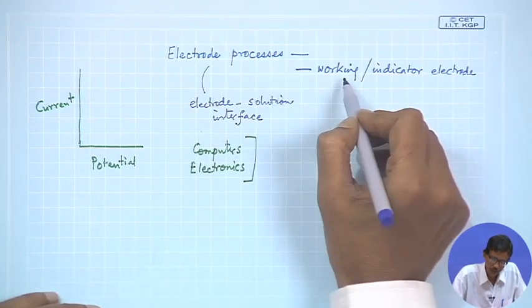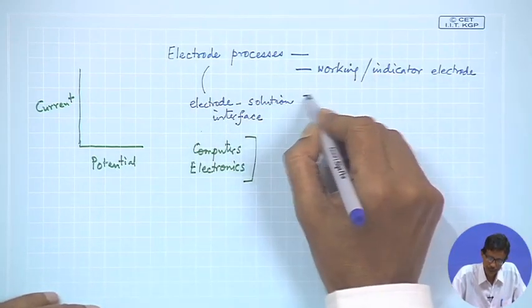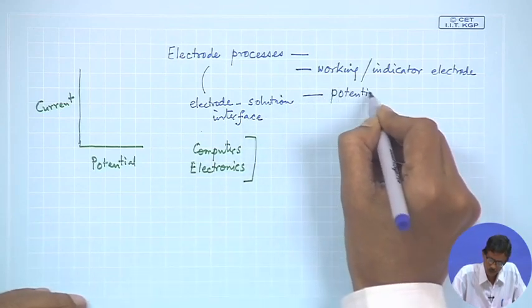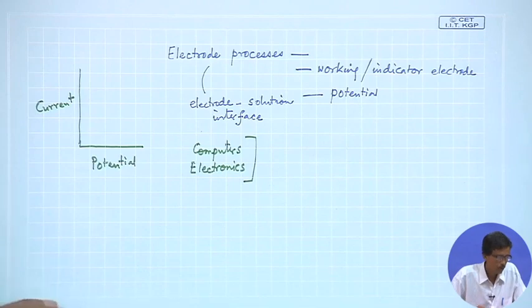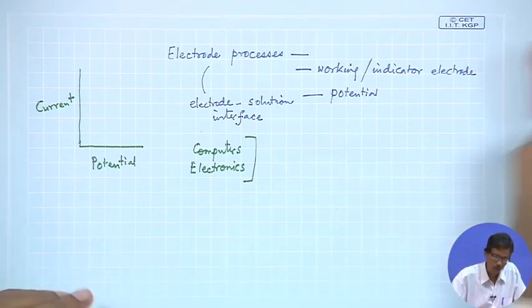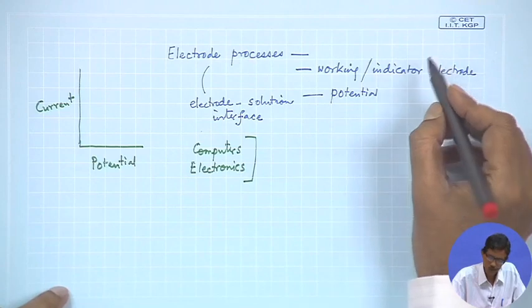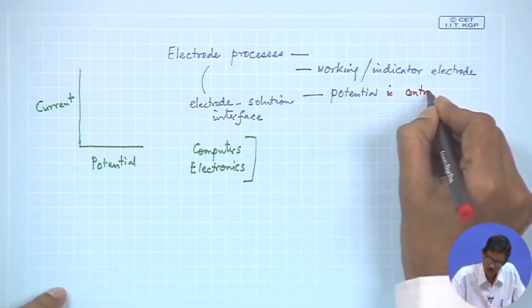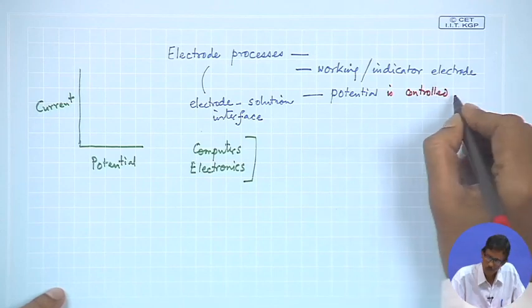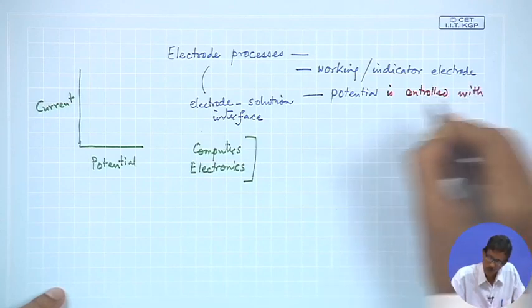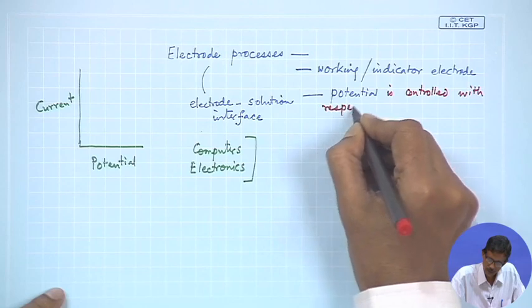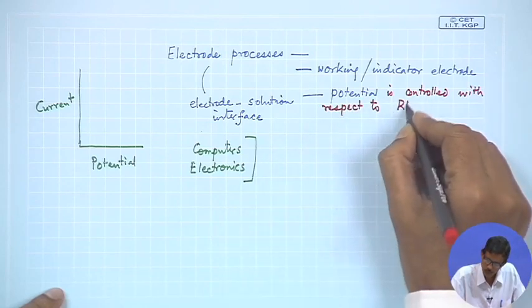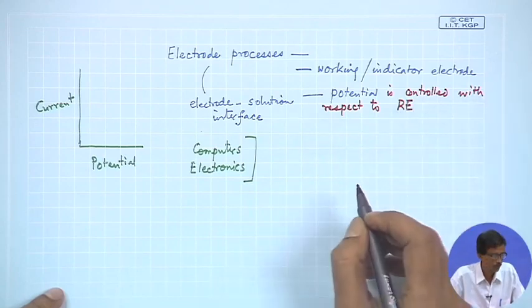So, the potential of the working or the indicator electrode is controlled with respect to the corresponding reference electrode.